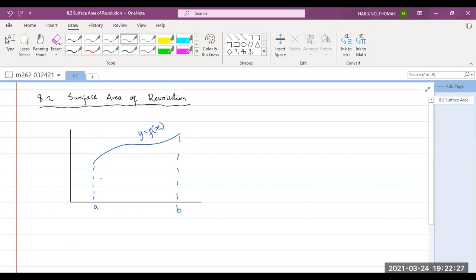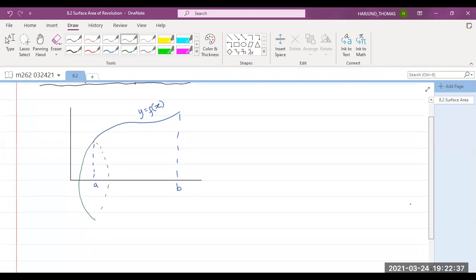So I revolve this around the x-axis, it looks like this. And revolve this with respect to the x-axis, it becomes something like this. And the question will be, find the area.